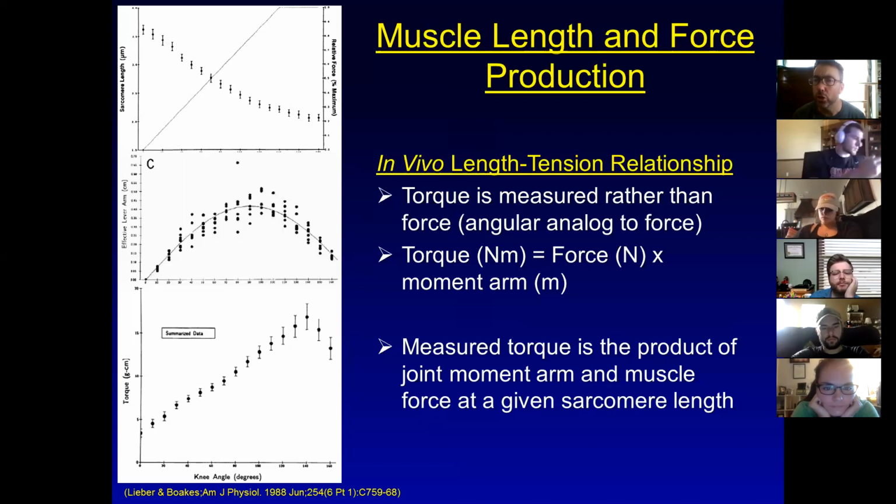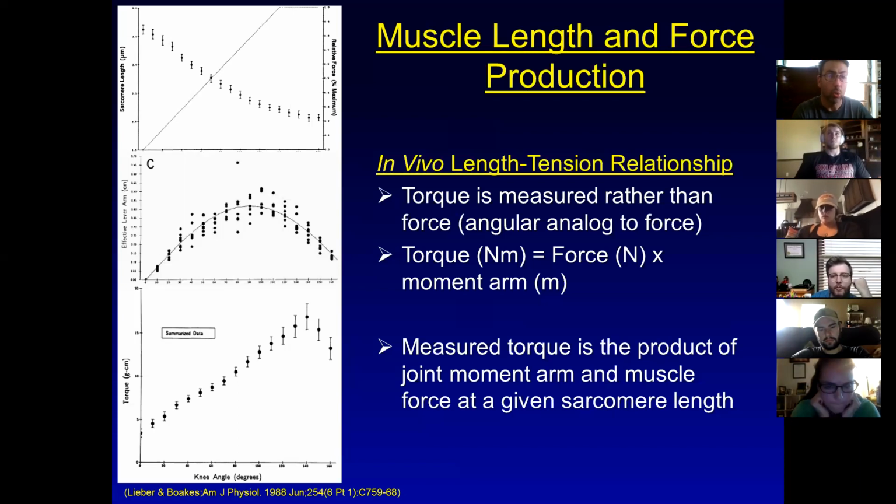What we see in most human joints, like the knee and the elbow, is that at very extended joint angles, there's a smaller moment arm, in the middle, a bigger moment arm, and then at very flexed joint angles, a smaller moment arm again.